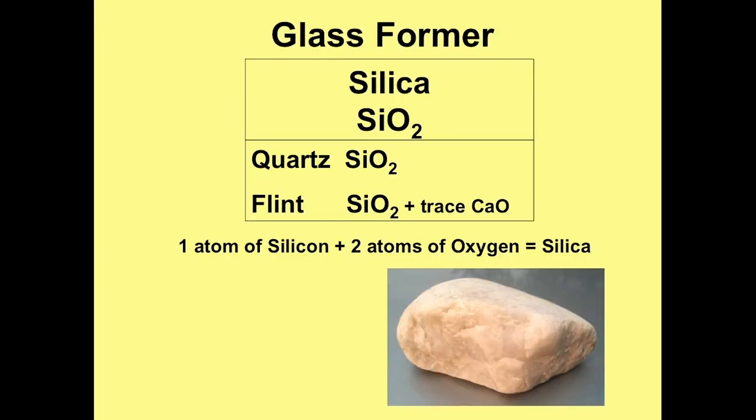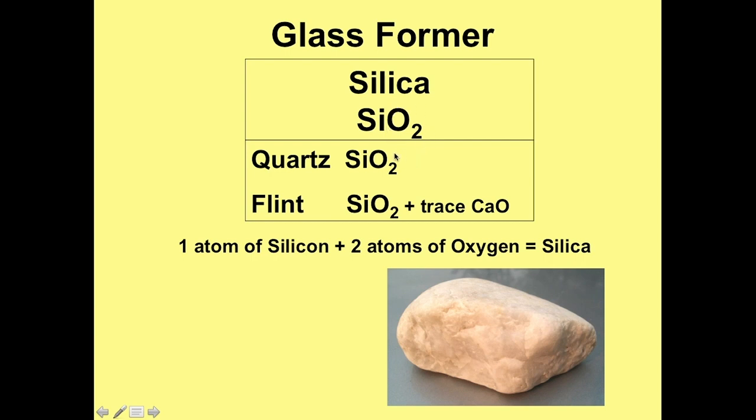So we're going to do just a tad of science because I like to keep this very simple. And just to give you an idea, we'll just take a look at silica today. So silica is our glass former, and its chemical composition is 1 molecule of silicon and 2 molecules of oxygen.